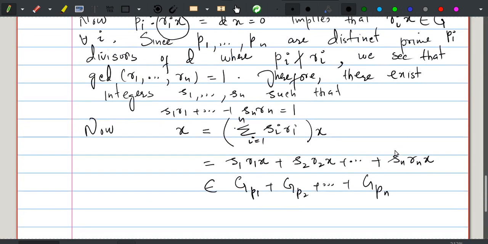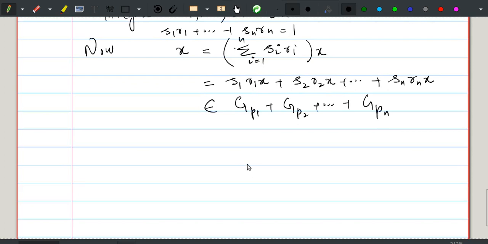So we are halfway done. We have proved that this x can be expressed as a sum of elements of these primary components. Now we have to prove this representation is unique.